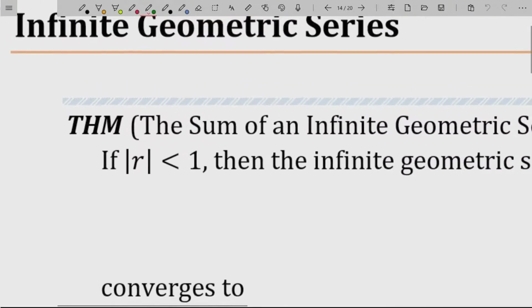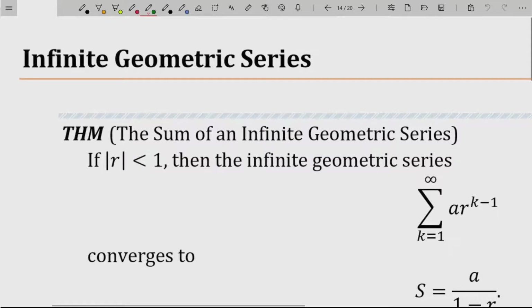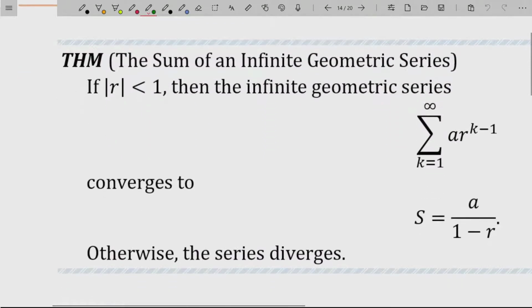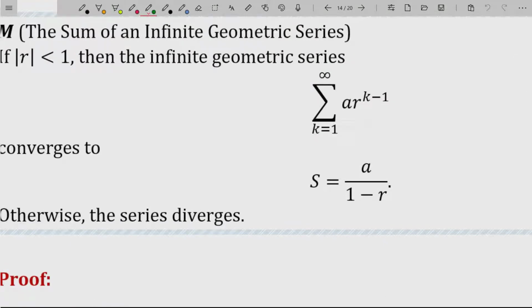Then the infinite geometric series based upon that geometric sequence converges to A over 1 minus R, where A is the initial value of the geometric sequence and R is the common ratio.